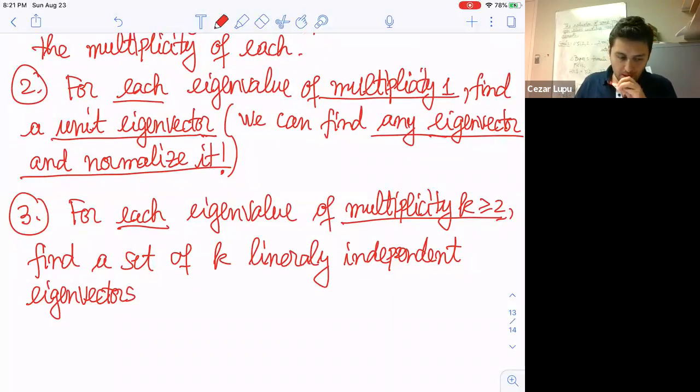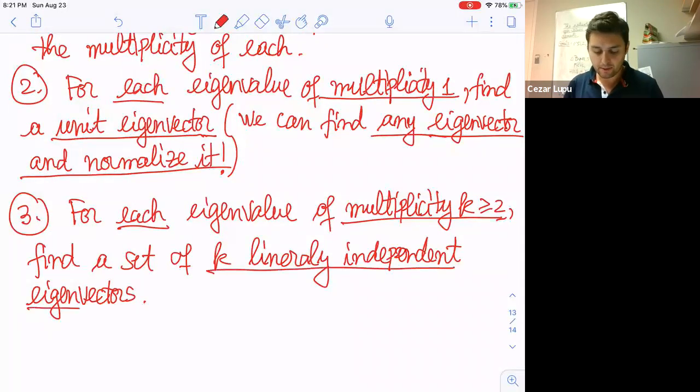We want to see if this set is orthonormal or not.